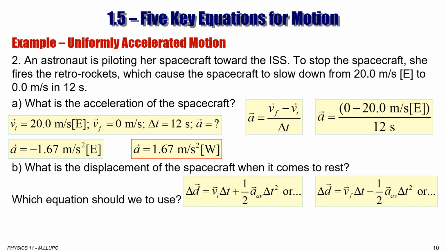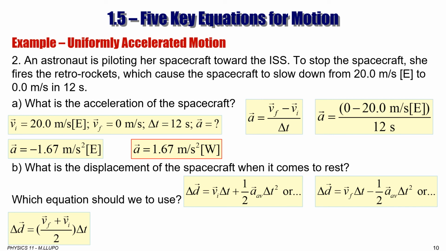That mistake will carry over to B. So basically, we mess up B as well, and we do not get the correct result. So there is an option here: we can use the one formula that does not include acceleration, but includes V initial, V final, and time, which is equation number 1.